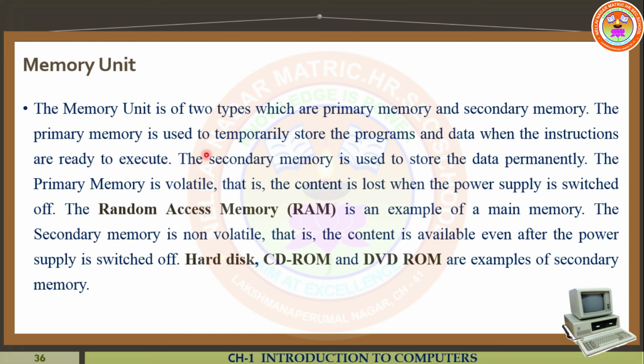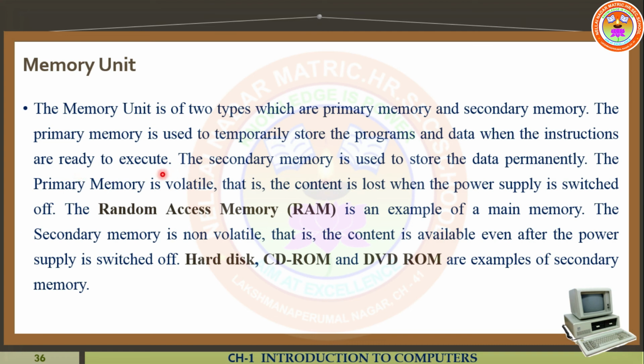The primary memory is used to store programs and data temporarily when the instructions are ready to execute.